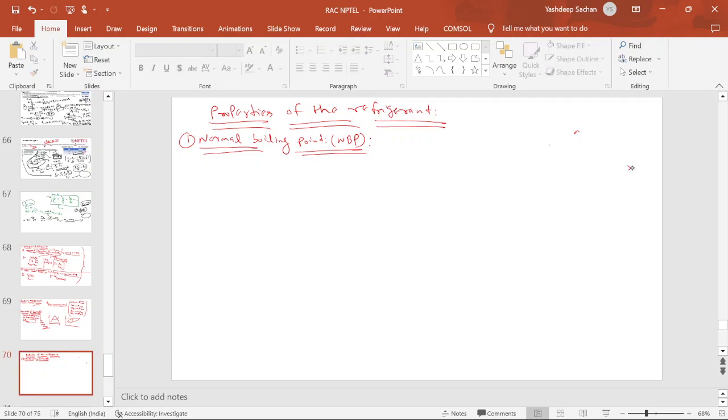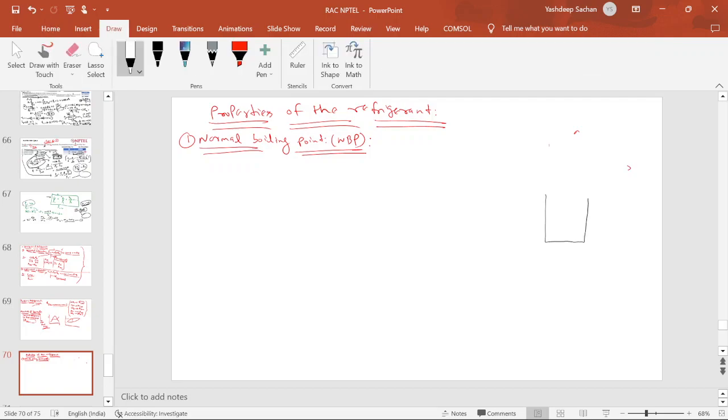Okay, so let's suppose one example. It's a boiling point: at a particular temperature and pressure, the complete liquid goes into vapor.